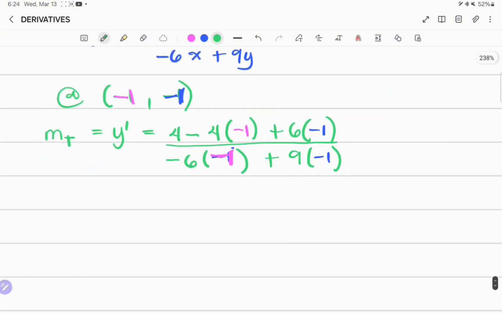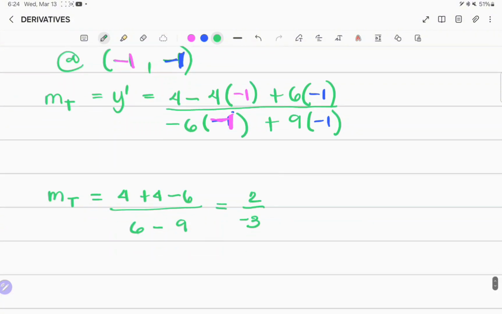As we solve this and evaluate, our slope of the tangent line will be 4 plus 4 minus 6 over positive 6 minus 9, or that is, oh no, that is 2, positive 2 over negative 3.